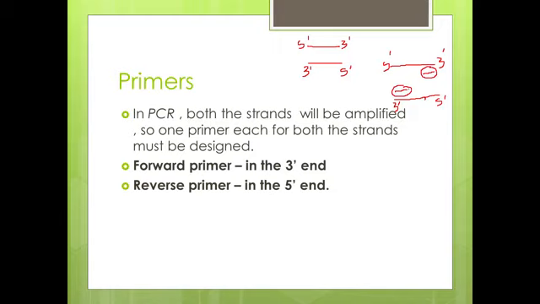When DNA polymerase adds nucleotides to the primers, they will extend the DNA chain towards each other. The reverse primer will move in this direction, and the forward primer will move in this direction. In other words, they move towards each other.